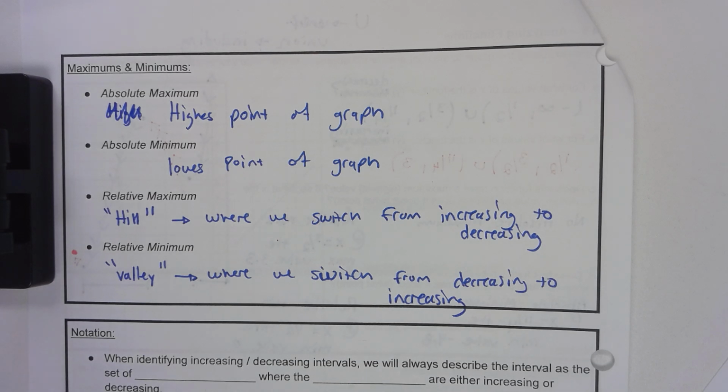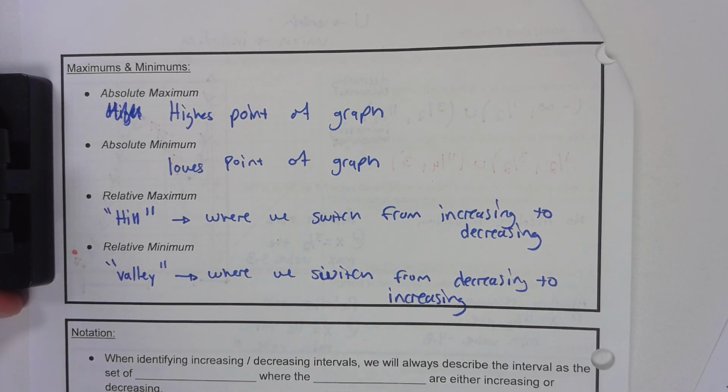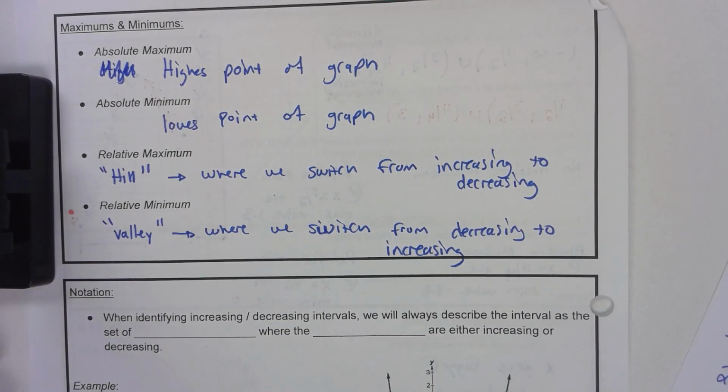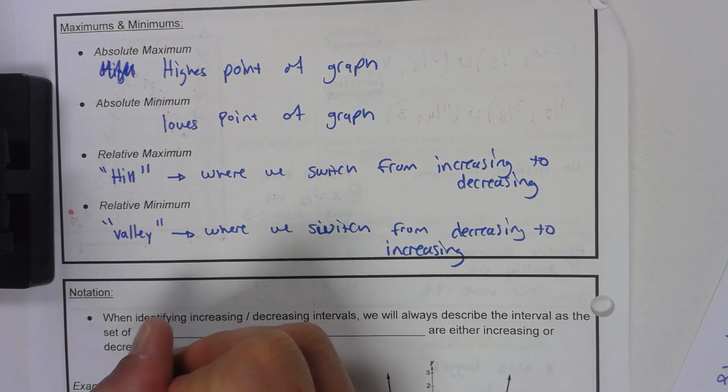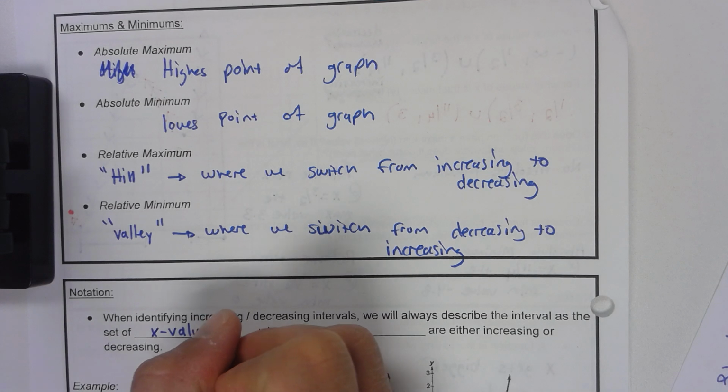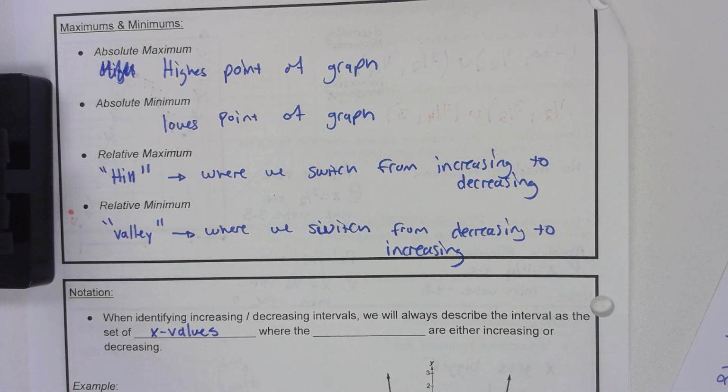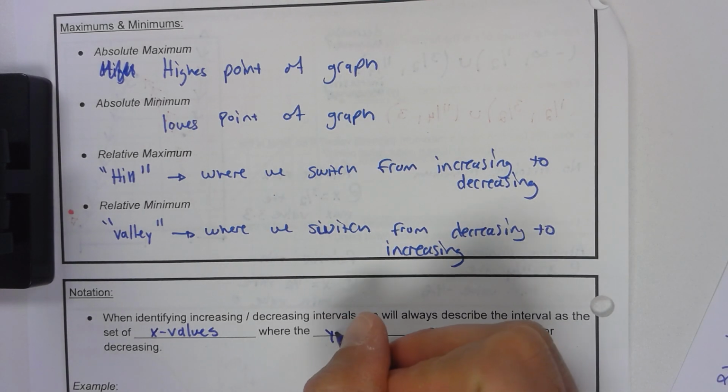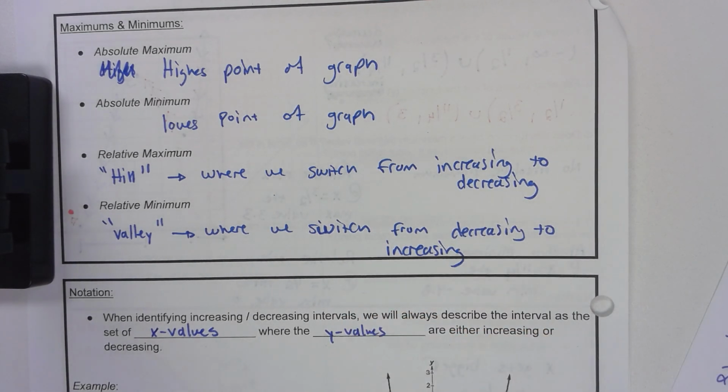Last thing I want to touch on here is actually coming back to the increasing and decreasing intervals. So down here, when identifying increasing and decreasing intervals, we will always describe the interval as a set of x values. Okay, so the interval is a set of x values where the y values are either increasing or decreasing. So it's whatever the y's are doing that ultimately has this function increasing or decreasing.